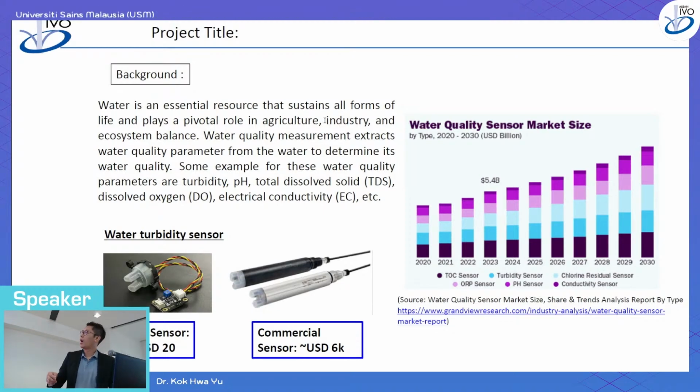And in terms of water quality sensors, we can look at the trend: the market size is increasing throughout the years, and for last year alone it is 5.4 billion. And the turbidity sensor captures a portion of the market.